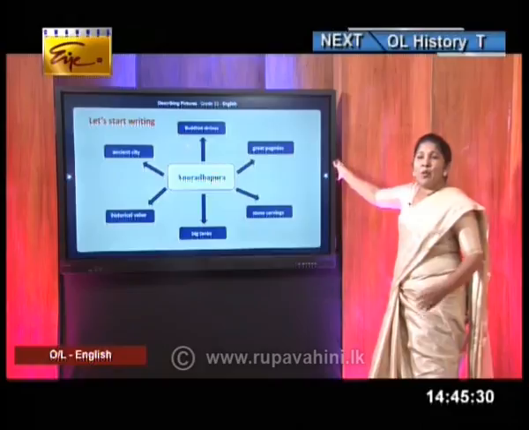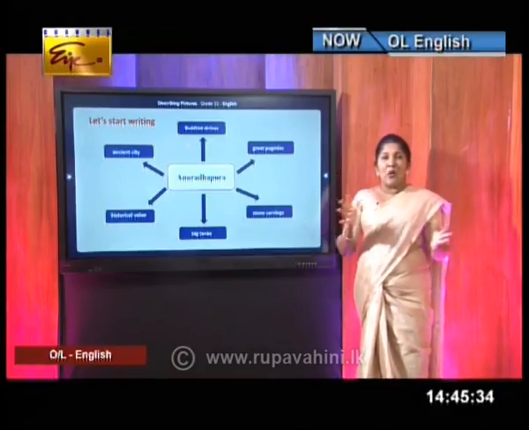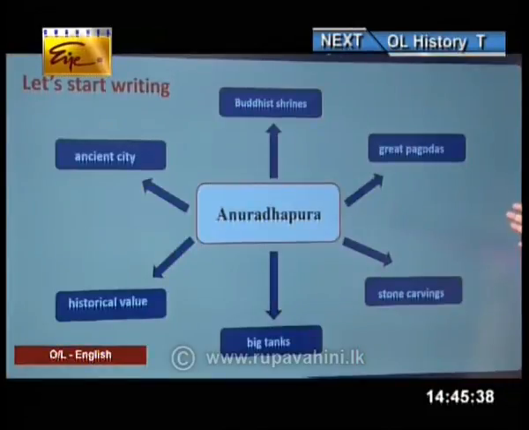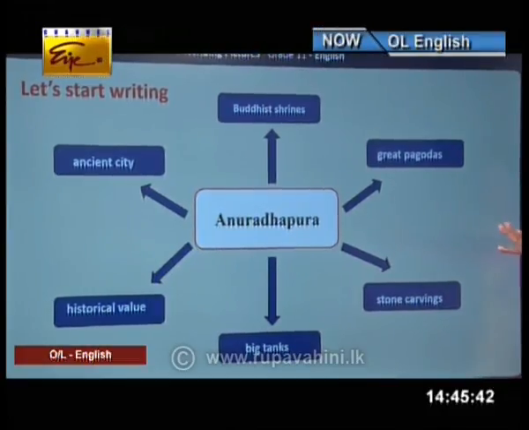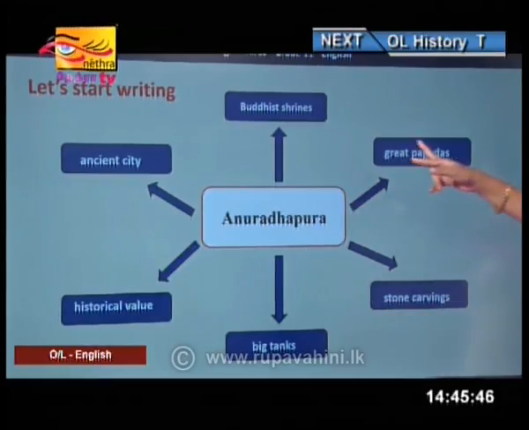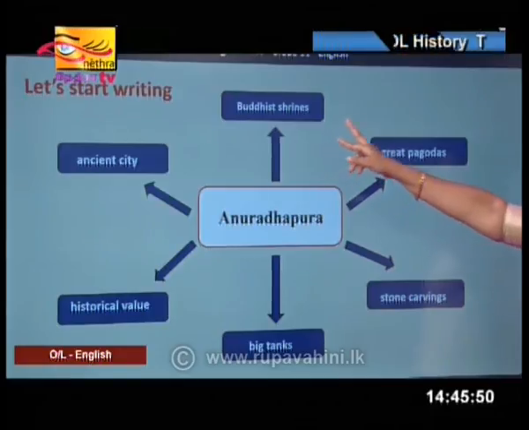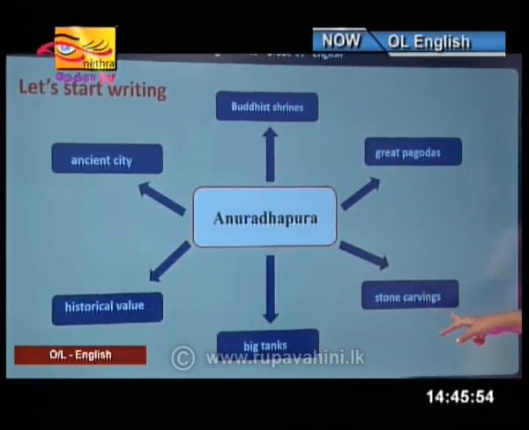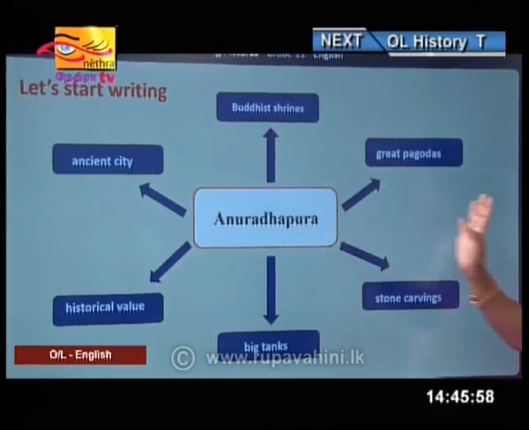Now we have spoken about nouns and adjectives, how to describe them. Now we have about Anuradhapura here, a very ancient city, and here are some words which I have taken to help you to describe Anuradhapura. They are Buddhist shrines, great pagodas, stone carvings, big tanks, historical value, ancient city.